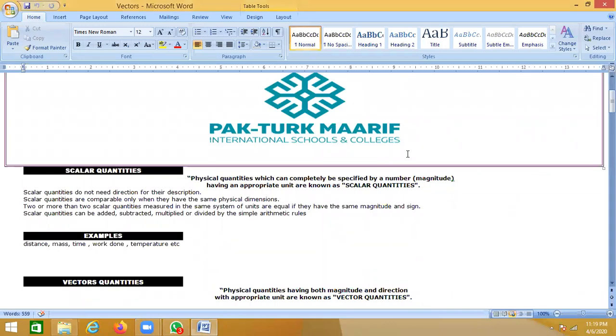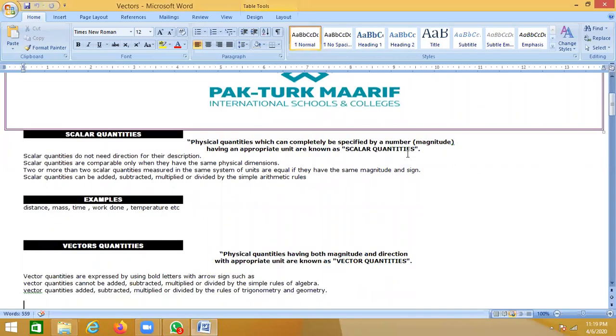Chapter number 5 is vectors, in which first we will discuss the basic concept, that is, the difference between scalars and vectors. Now we know the physical quantities. Physical quantities are all those quantities that can be measured, and these quantities are divided into two categories: scalar quantities and vector quantities.